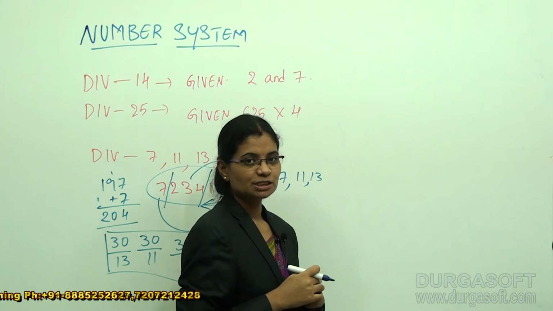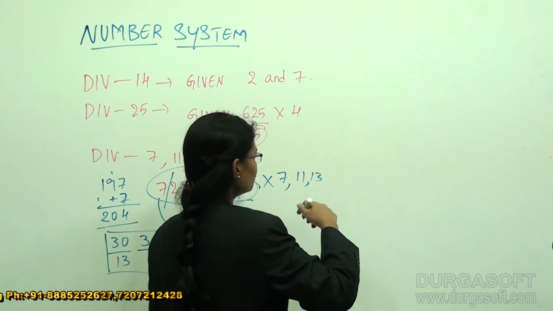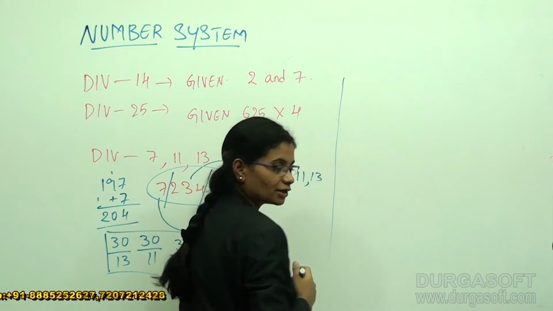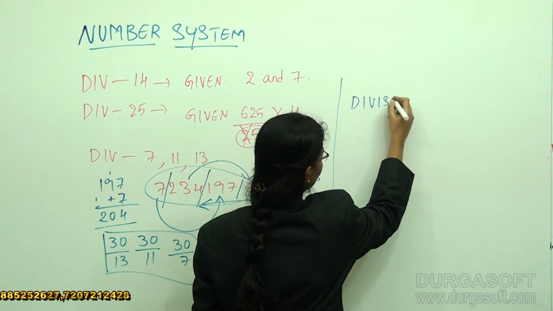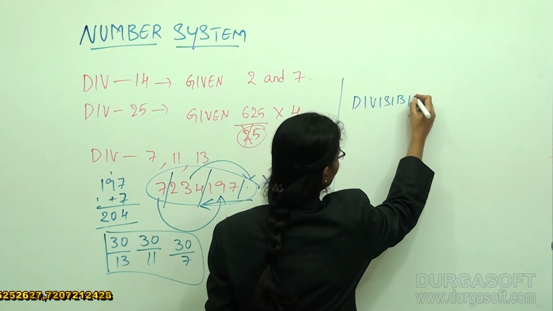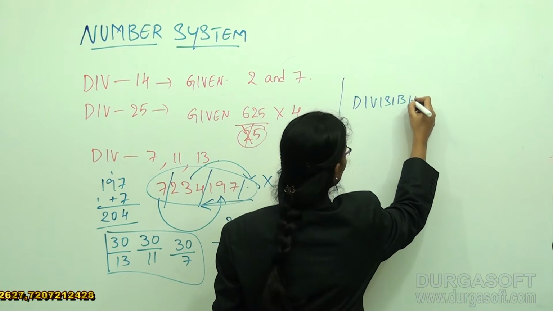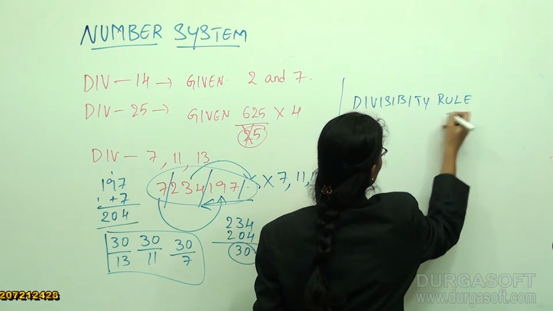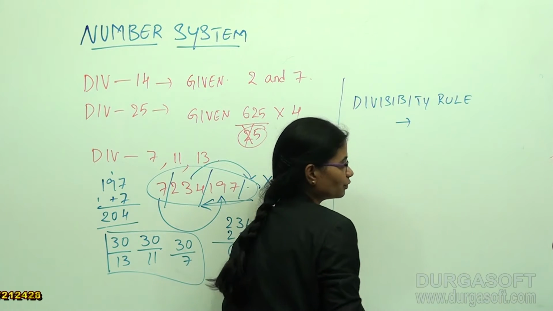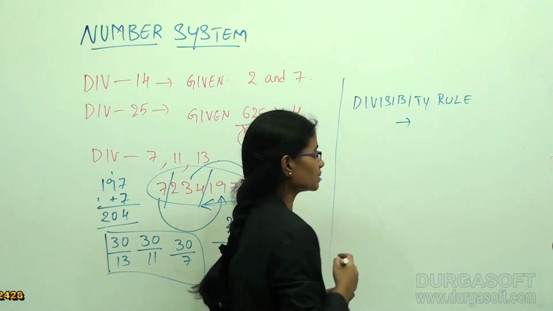There is one special case where you generally come across this kind of problem, that is the divisibility rule for 37 and 27.